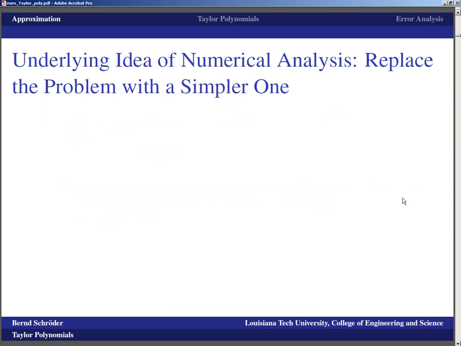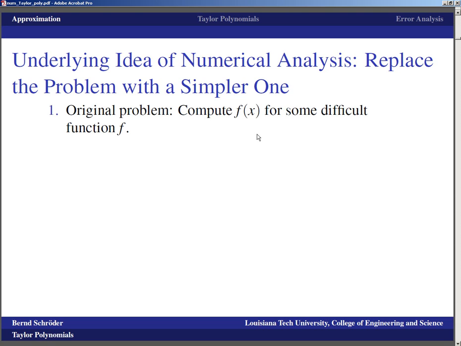And, well, that's where, of course, Taylor polynomials come in. I wouldn't give this introduction if it wasn't for the fact that we're going to talk about the solution here, right? But the idea for Taylor polynomials is just the same idea as what underlies any kind of numerical analysis, and that is you replace the original problem with a simpler problem, and then hope that the simpler problem solution just works out. So our original problem here is to compute f of x for some difficult function f.